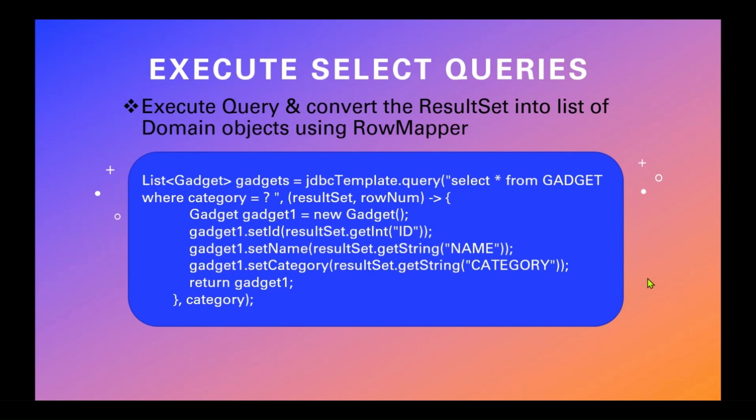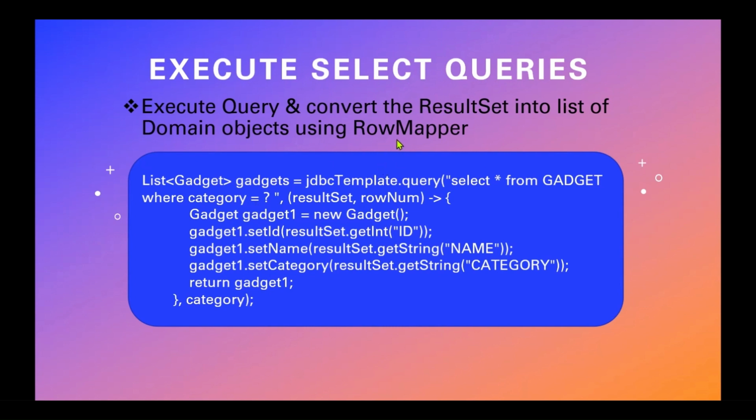Now let's see how to execute the query and convert the result set into a list of domain objects using a row mapper. Earlier we have seen how to convert the result set into a single domain object. Now in this case, we are trying to convert the result set into a list of domain objects.